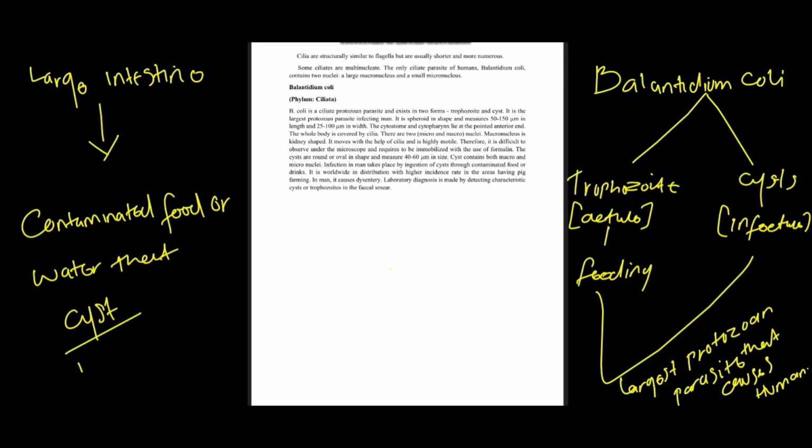That's why we said that Balantidium coli represents the largest protozoan parasite that causes infection in humans.